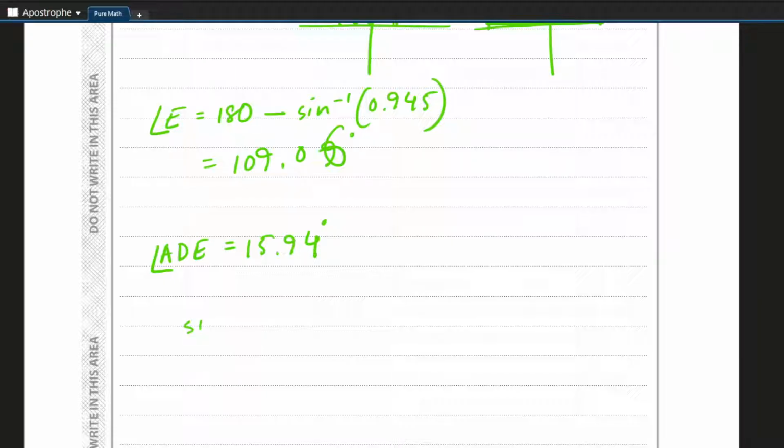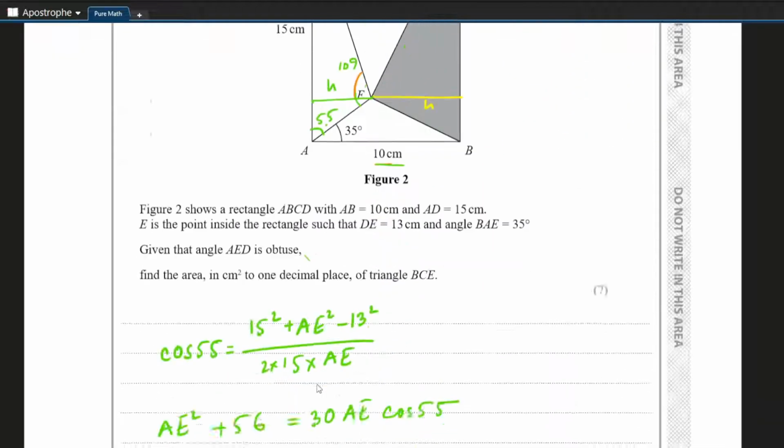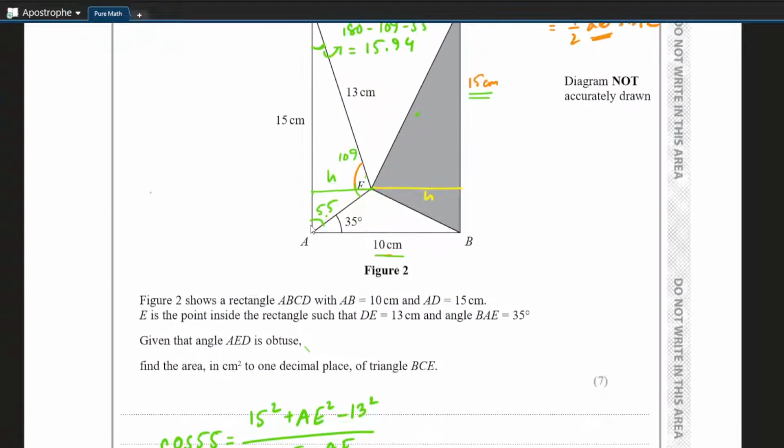Now I can use sine rule again. Sine 15.94 degrees divided by the opposite side, which was AE. Opposite side of ADE is AE, and then the 13 and 55. I'm using 13 centimeter and 55 degrees, is equal to sine 55 over 13. Why did I use 55 instead of 109? Because this is an exact value. If I use 109.06, even though I'm using 2 decimal places, that's still a rounded value.